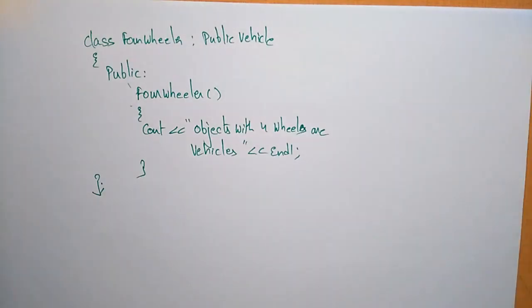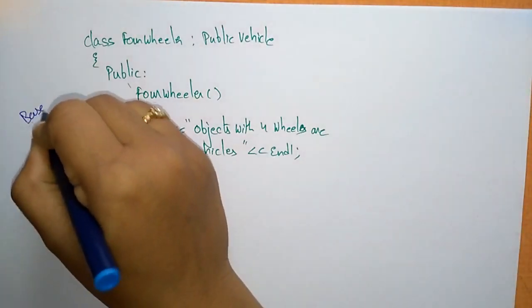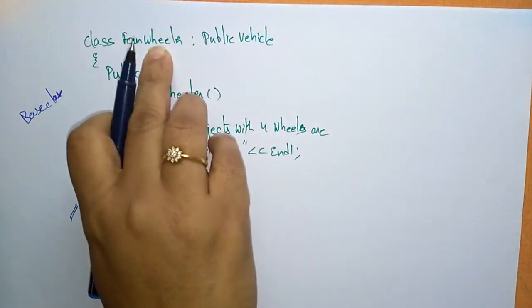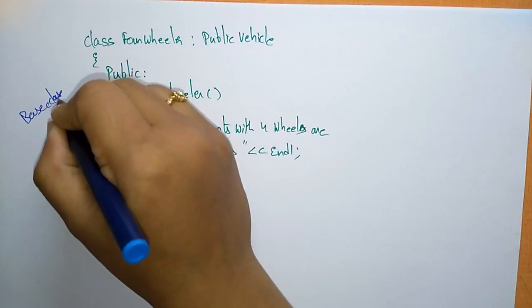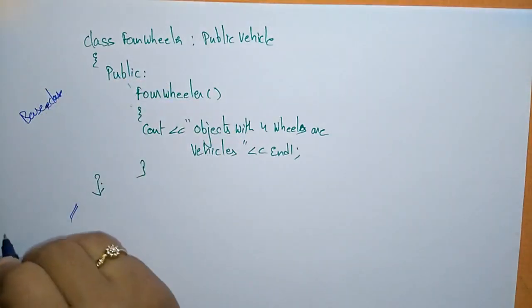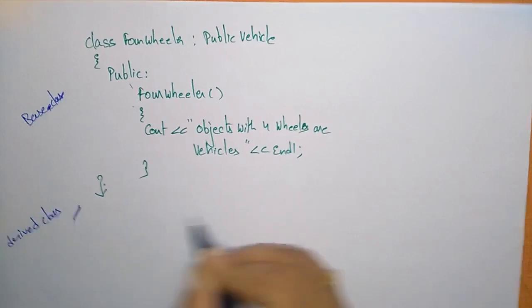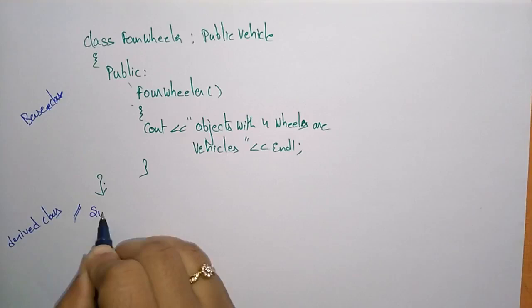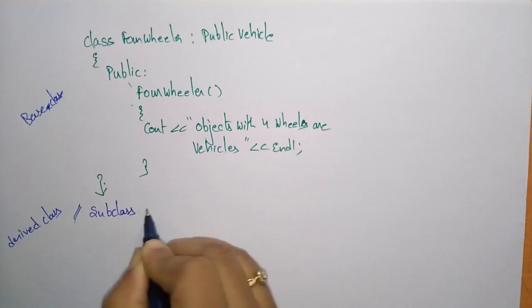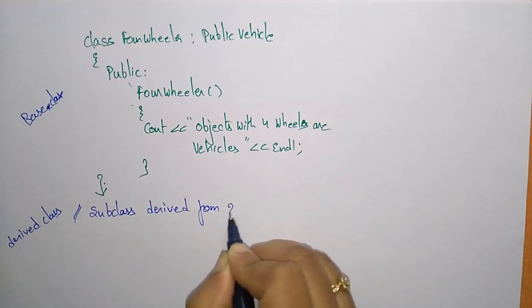Now coming to the subclass. This is one base class, and it acquires the properties of another base class. Now coming to the derived class, or subclass, both are the same. The subclass is derived from two base classes.